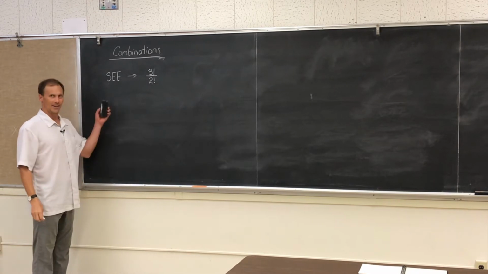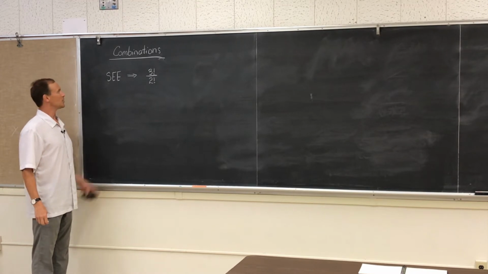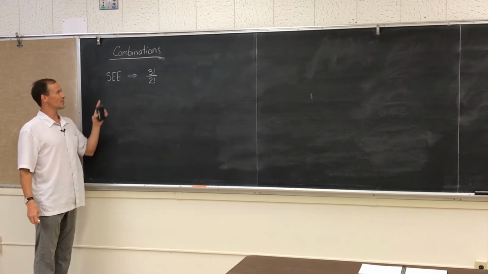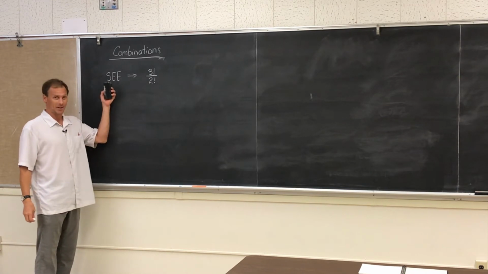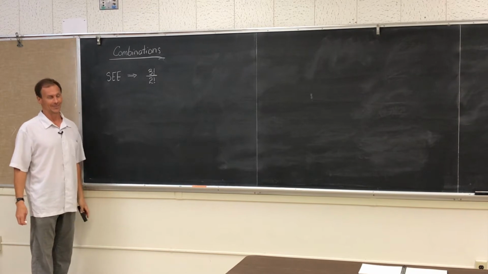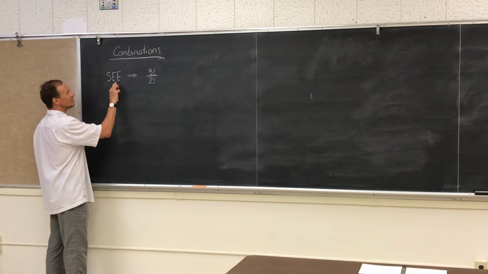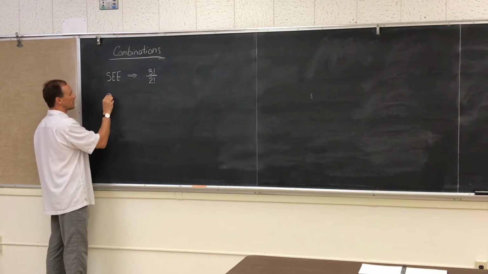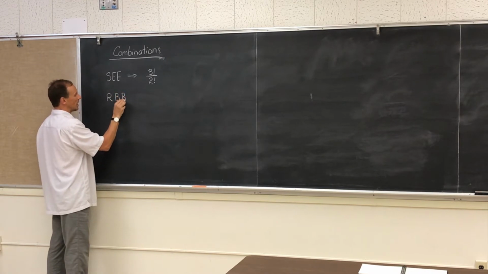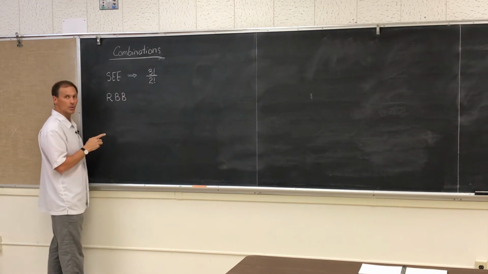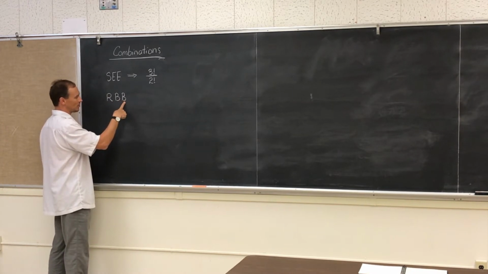Now, today, we're going to change these letters, and you'll see why in a moment, mostly because I couldn't think of colors that began with E that I had available in my chalk. I do have salmon, I couldn't think of anything for E. So let's change these letters first to an R, a B, and a B. And again, if I asked you how many words could you make, you would say, well, there's 1, 2, 3 different positions.